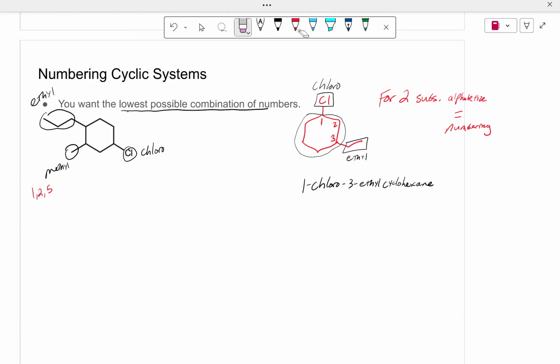Let's look at another possible combination. What if I made the, no, sorry, that's not an ethyl group. That's a propyl group. If I made the propyl group 1, then 2, 3, and 4. That's a better combination than 1, 2, and 5.